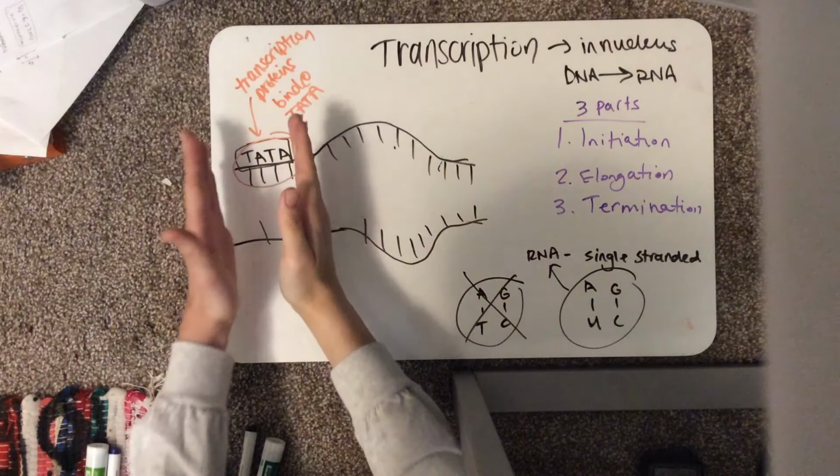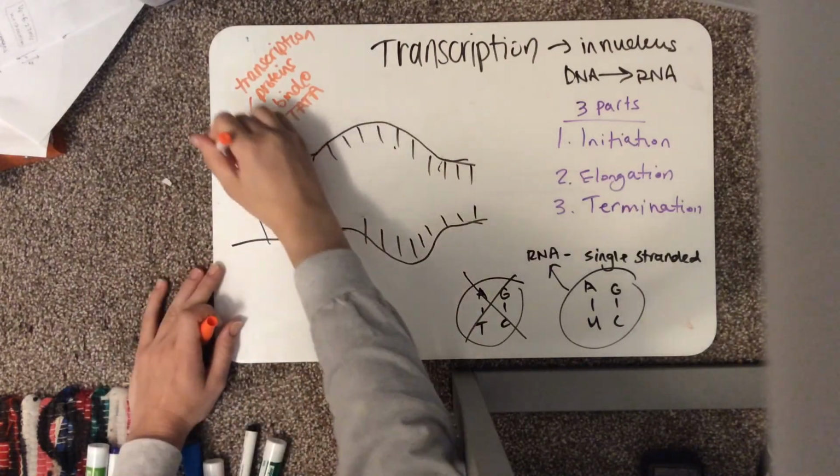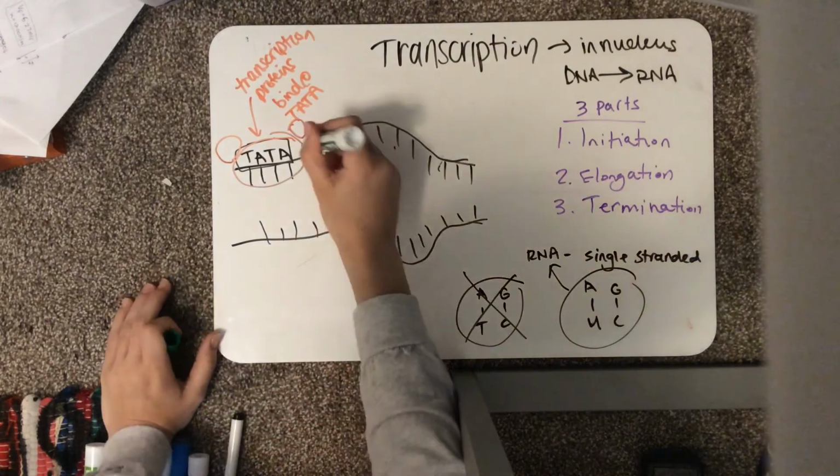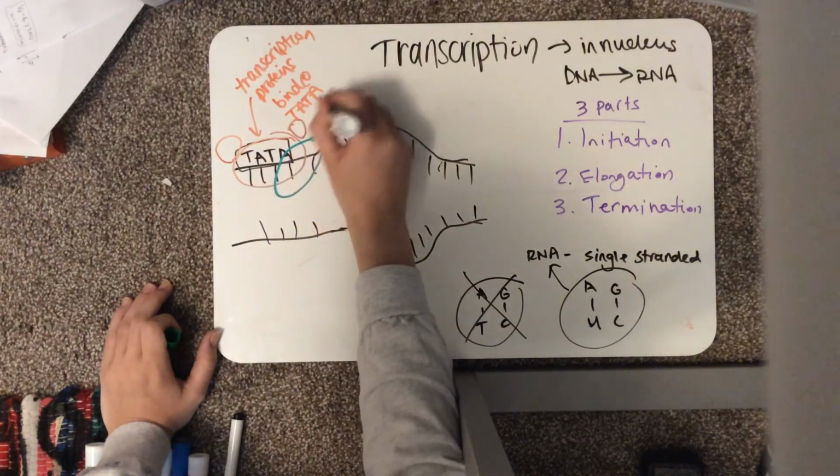Once those transcription factors are bound, and sometimes you see multiple little proteins there, then RNA polymerase knows, hey, this is where I need to bind. So RNA polymerase comes and also binds.